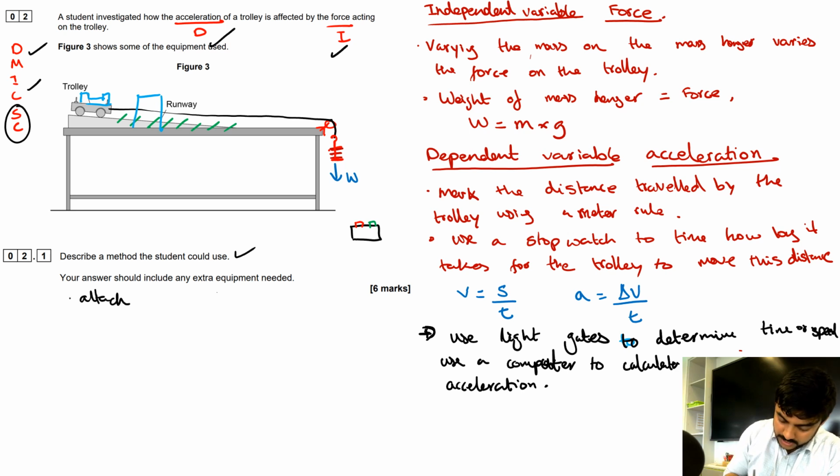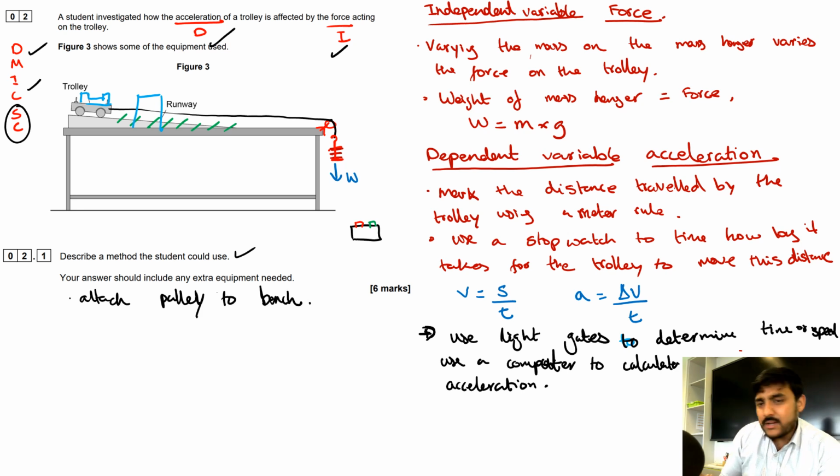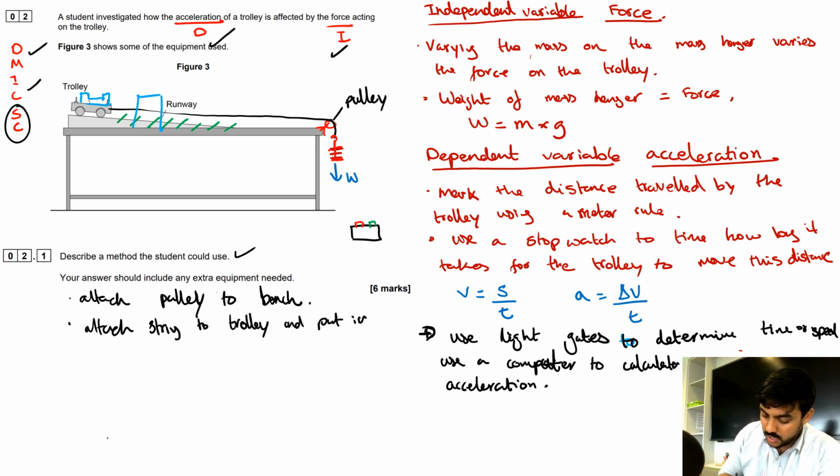Attach pulley to bench. I don't know whether just saying set it up exactly how we've drawn it is good enough, because this is a pulley and anyone can see that it's attached to the bench. Attach string to trolley and put it over the pulley.